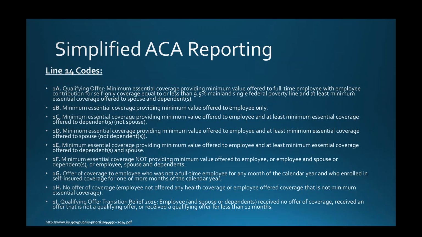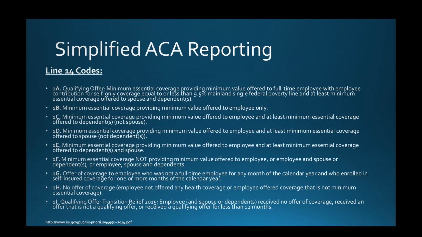And then you also offer at least minimum essential coverage to the spouse and the dependent. So that employee-only least expensive plan with less than 9.5% of that poverty line rate. And then you also had coverage available to the spouse and the dependent. That's the easiest code to use.